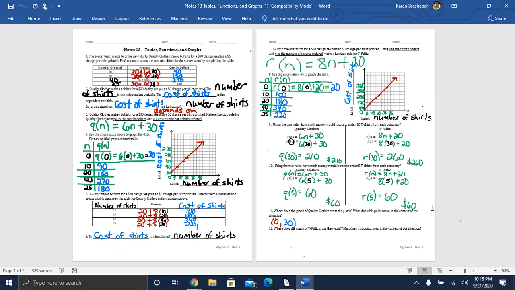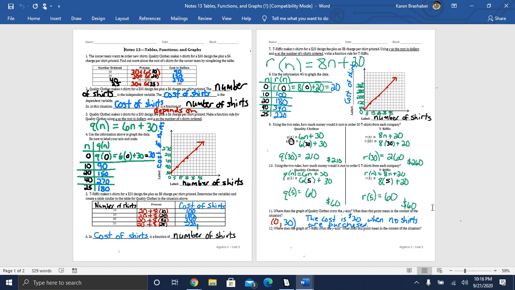And that means that the cost is $30 when no shirts are purchased. So sometimes that's called an initial cost.